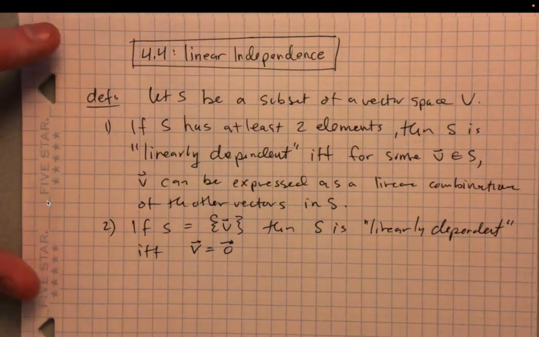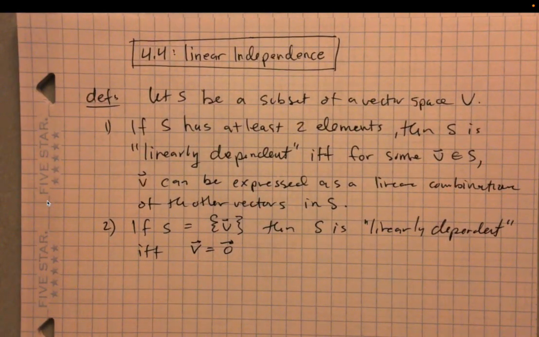So if S is a singleton subset, then it's linearly dependent if and only if that vector in S happens to be the 0 vector.